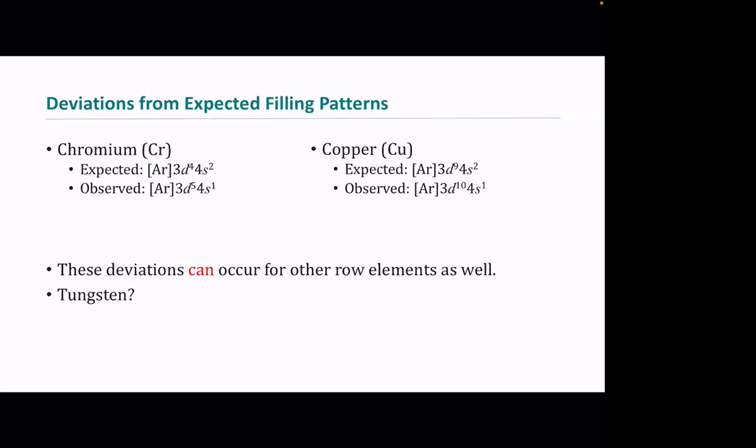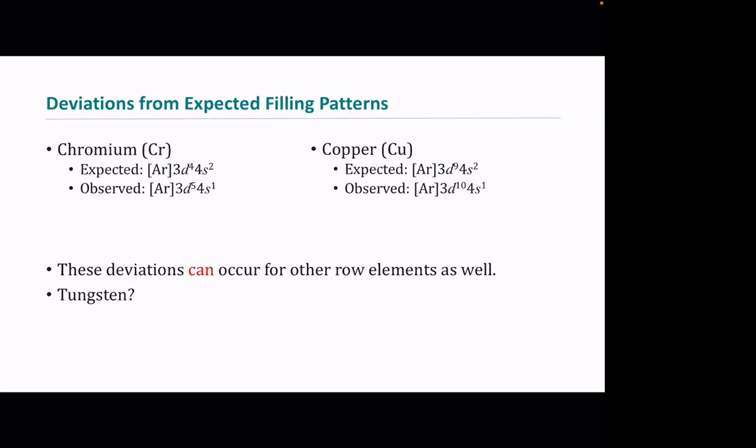Now you see the same thing if you go over to something like copper. When you have the opportunity to have only 1 electron missing from D, that's not particularly stable as opposed to having only 1 missing from S and filling all of those D. Because remember, that D is a lower principal quantum number anyway.